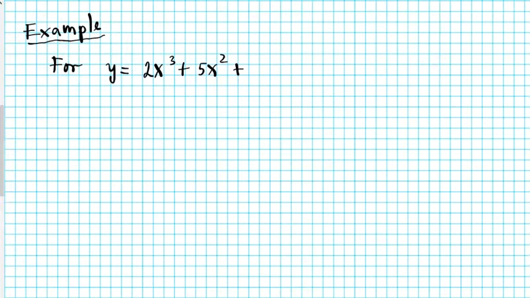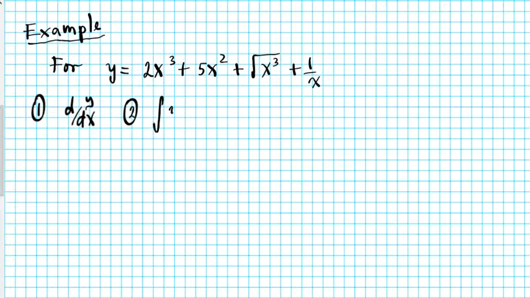Square root of x to the third plus 1 over x. I want you to find three things. You're going to find number one, find the derivative, dy dx. Number two, find the integral. And then number three, find the limit as x approaches 1 of the function.